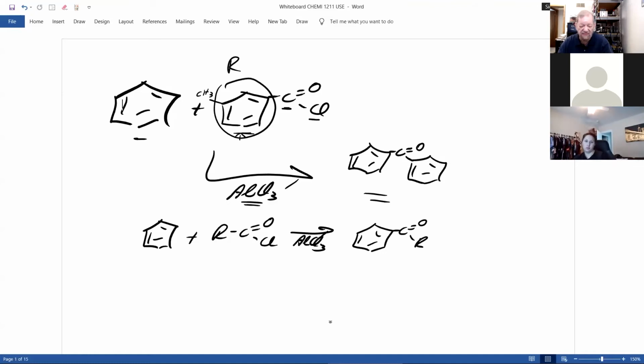Now, what other places are aromatic ketones used for? When they absorb light, they have this energy that they can give off to form what's called radicals. And I could do a whole semester, actually a two-semester grad level course, on radical chemistry.